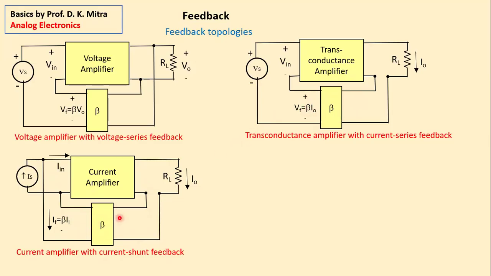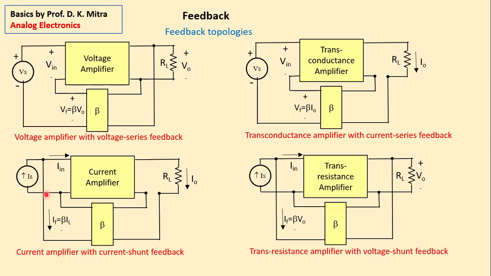Here the feedback circuit input was current, output is also current. And if current has to be added in opposition, obviously it has to be connected in shunt. And so it is called a current amplifier with current shunt feedback.